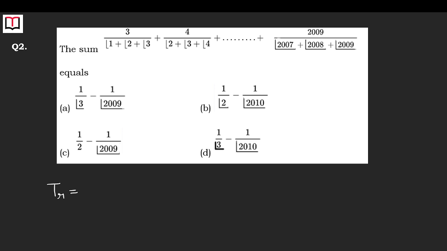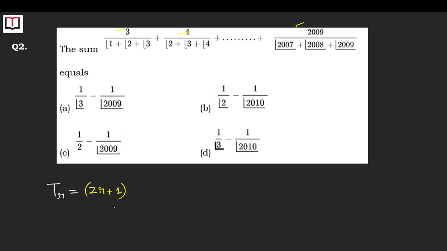If it's an AP or a GP we don't need to, but otherwise I always say you should write the general term as the first step, and here the general term has not been given. So the general term here will be, of course, this is 3, 4, an AP till 2009. So the AP is 2r plus 1, isn't it?